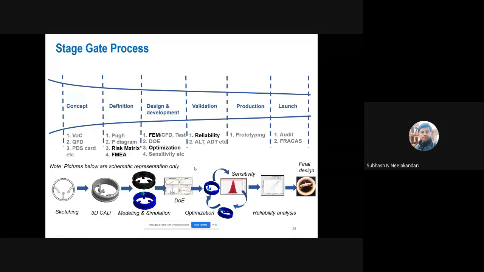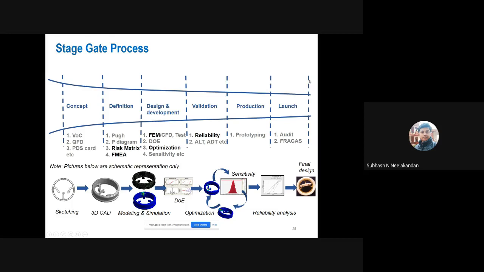Another process which is used in industry is called the stage gate process. It is an alternative to the waterfall process used in the USA. The stage gate process consists of different gates: gate 0, gate 1, gate 2, gate 3, gate 4, gate 5, and gate 6.